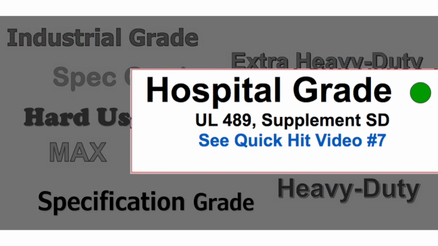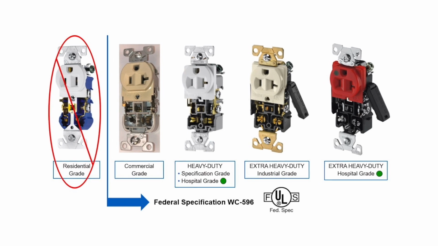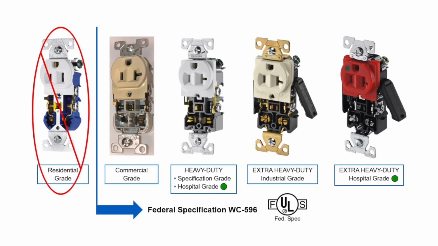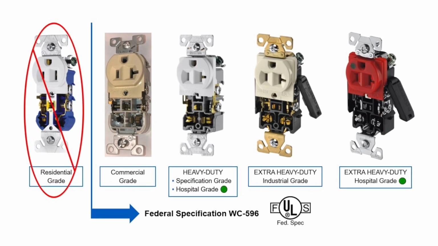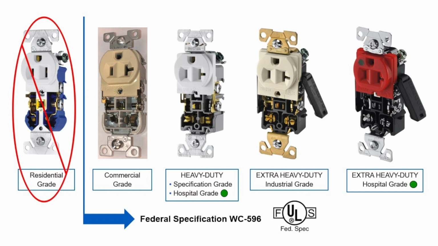The only exception is hospital grade, and you can refer back to Quick Hit video number 7 for more information on this topic. Not even references to a federal specification, or FedSpec, can define anything other than to exclude residential grade devices. Almost all receptacle designs, commercial grade and above, meet the FedSpec performance standard.